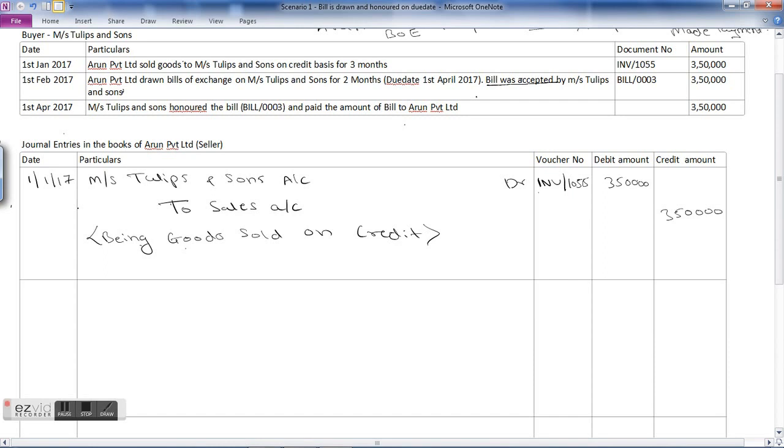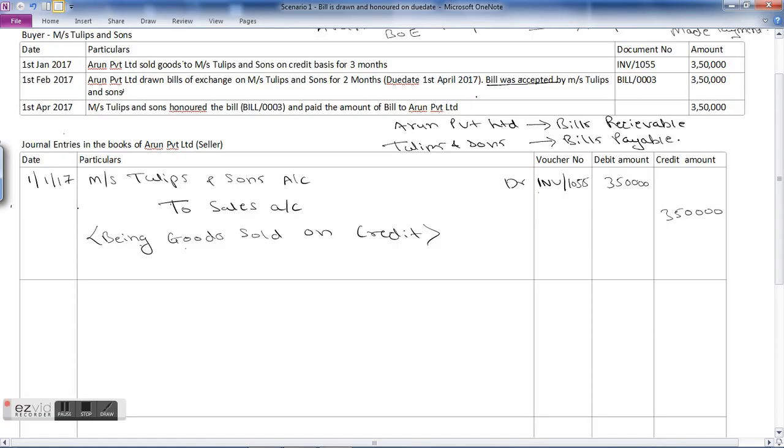So for the same bill, for Arun Private Limited it will be bills receivable, and for Tulips and Sons it will be bills payable.